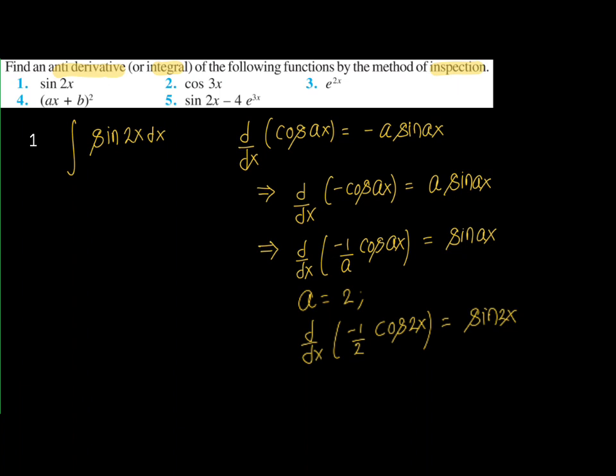So the integral I, which is the integral of sin 2x dx, will be our final answer: minus cos 2x upon 2 plus some constant. So this is our final answer.